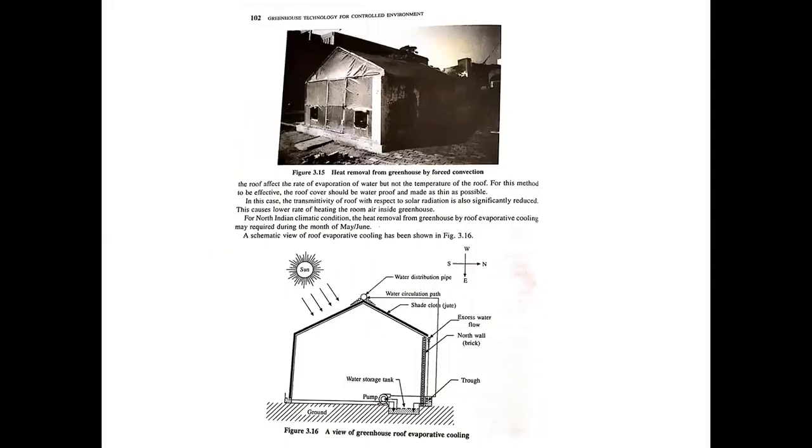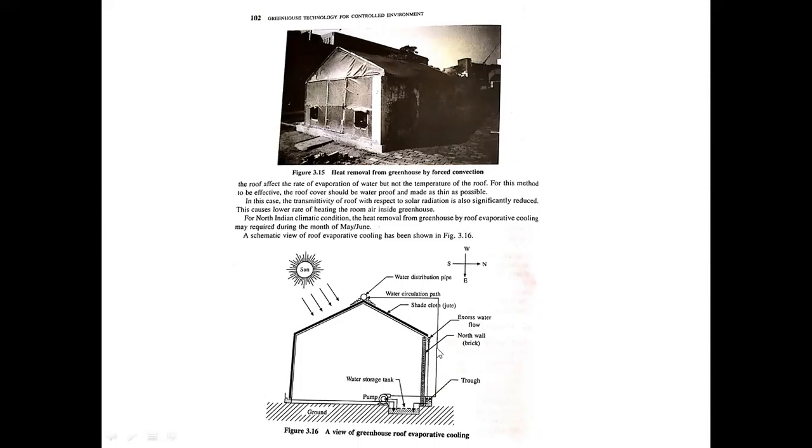Okay, so here you can see the figure where heat removal is done by this method. 3.15 is the figure representing forced convection, forced removal of heat from the greenhouse. So here is the forced removal. Then this is the roof evaporative cooling. Here is the shade cloth provided. Then this water circulation path where ventilation is done, the water distribution pipe from where water is provided to this inclined passage.